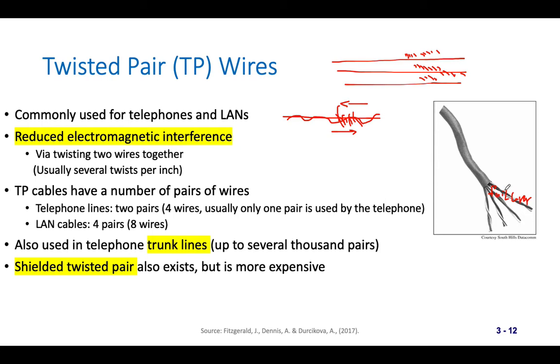Yes, we cover those with something like foil paper. It comes already made. It reduces the electromagnetic interference even more, and usually the shielded twisted pair is a little bit more expensive than the normal one, so you have to pay extra for that.